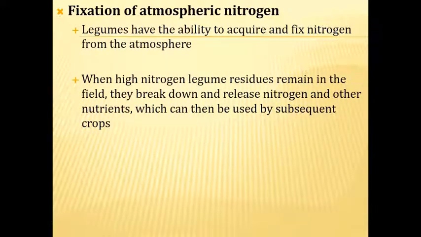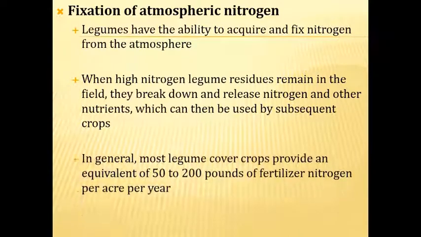When high nitrogen legume residues remain in the field, they break down and release nitrogen and other nutrients which can then be used by subsequent crops. In general, most legume cover crops provide an equivalent of 50 to 200 pounds of fertilizer nitrogen per acre per year.